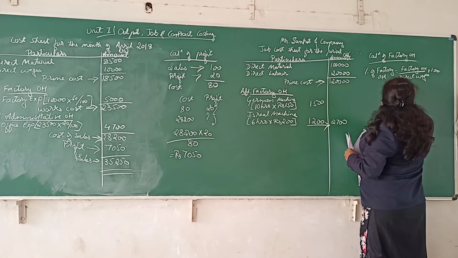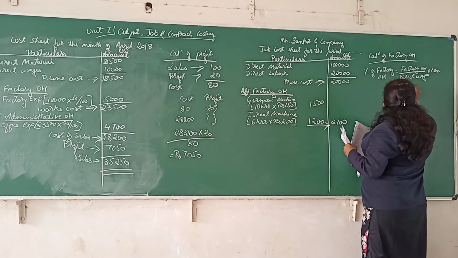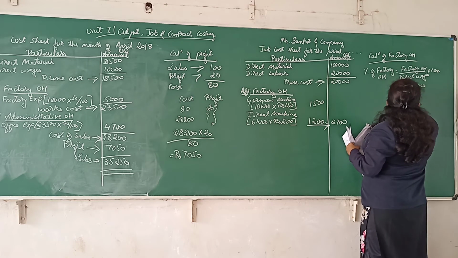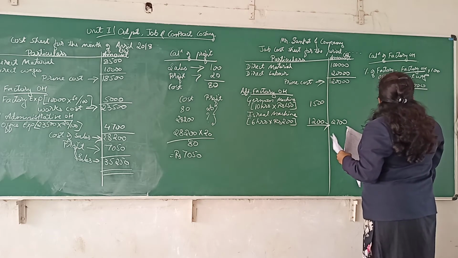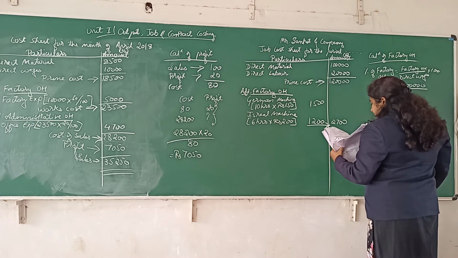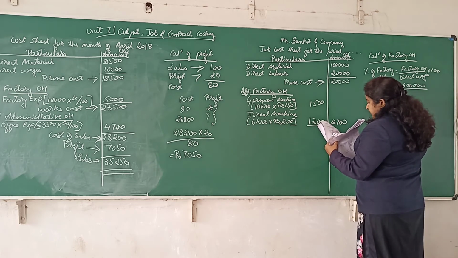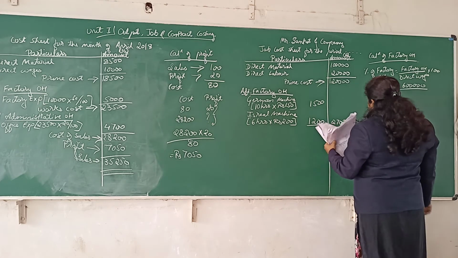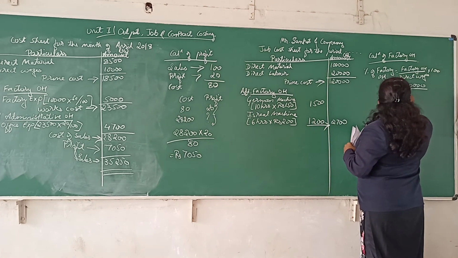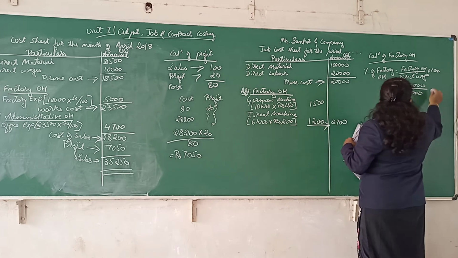Factory overheads, how much they have given is 6 lakhs, divided by the direct wages in all other shops last year amounted to rupees 30 lakhs, into 100.